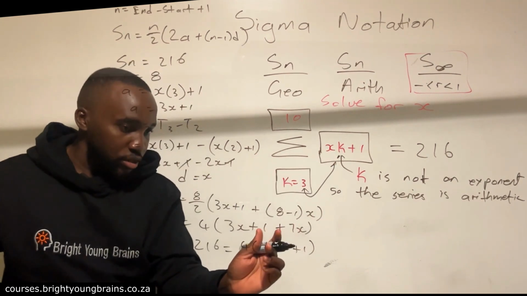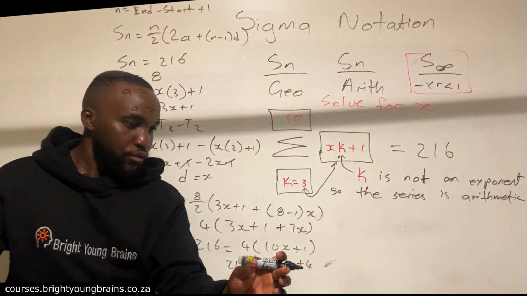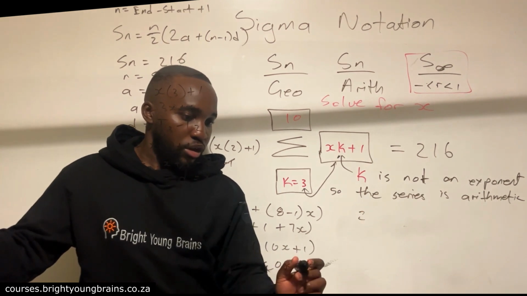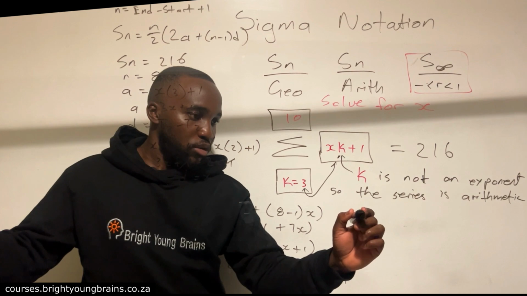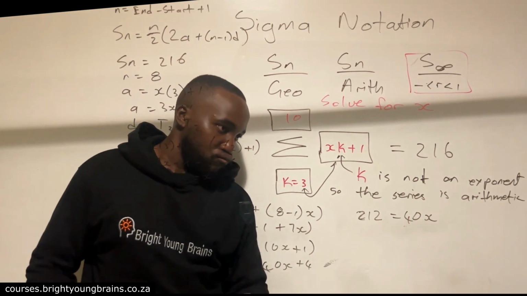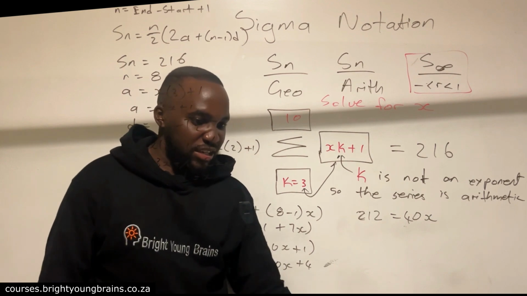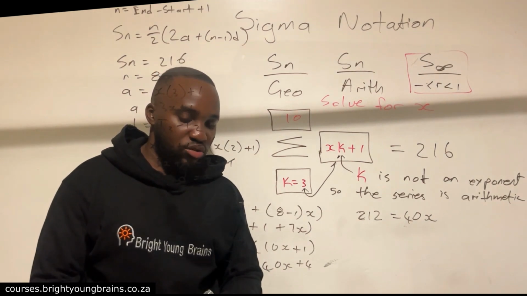So let's carry on and see. If you multiply the 4 inside here, solving for x here, the 4 is going to go to the other side. So you're going to have 212. What? Yeah, I feel like I made a mistake somewhere, because this does not want to add up.